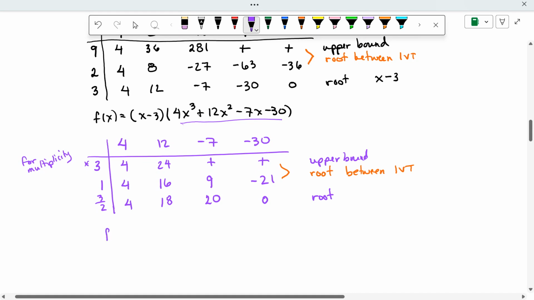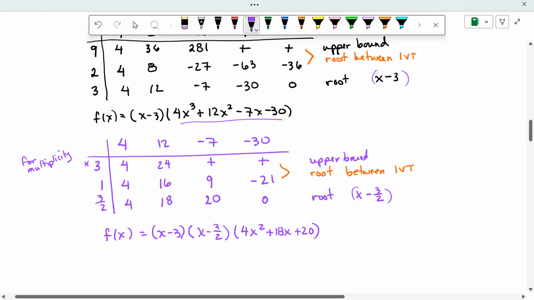And so now I'm going to factor again. So this tells me x minus 3/2 is a factor. So I'm going to factor x minus 3 from the previous synthetic division, x minus 3/2, and now I'm left with 4x squared plus 18x plus 20.